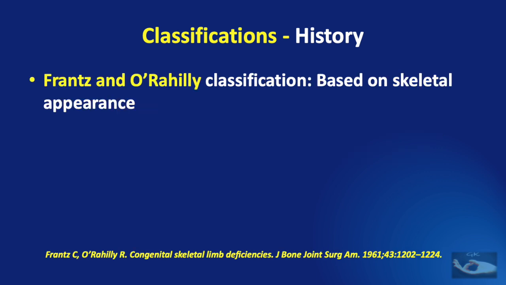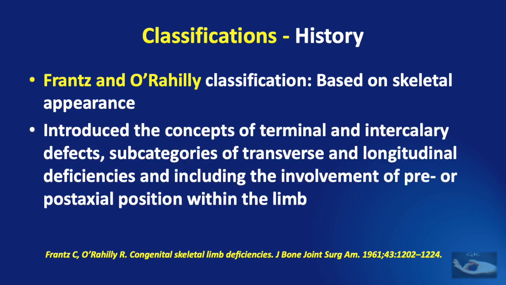The France and O'Reilly classification was based on skeletal appearance and was made in the year 1961. It was this system that introduced the concepts of terminal and intercalary defects, subcategories of transverse and longitudinal deficiencies, and including the involvement of pre or post-axial position within the limb.